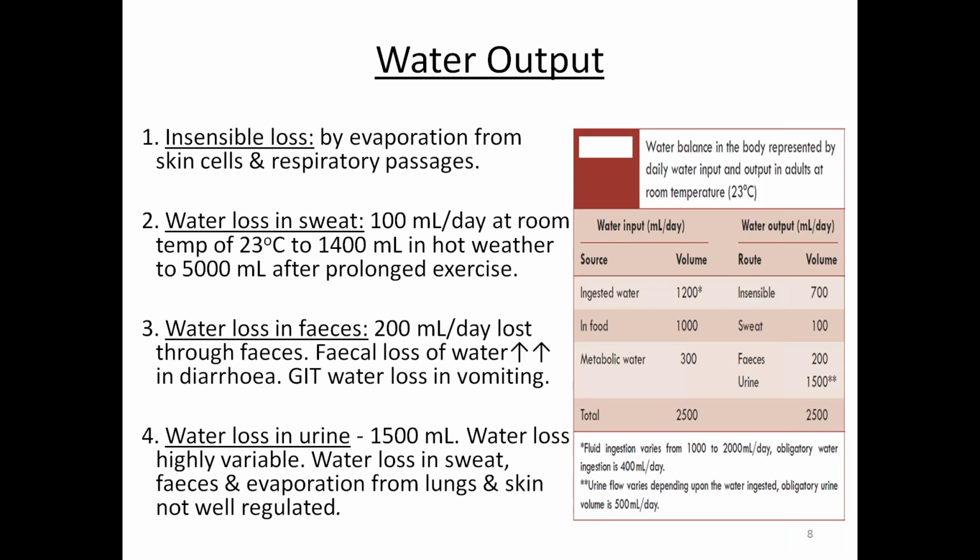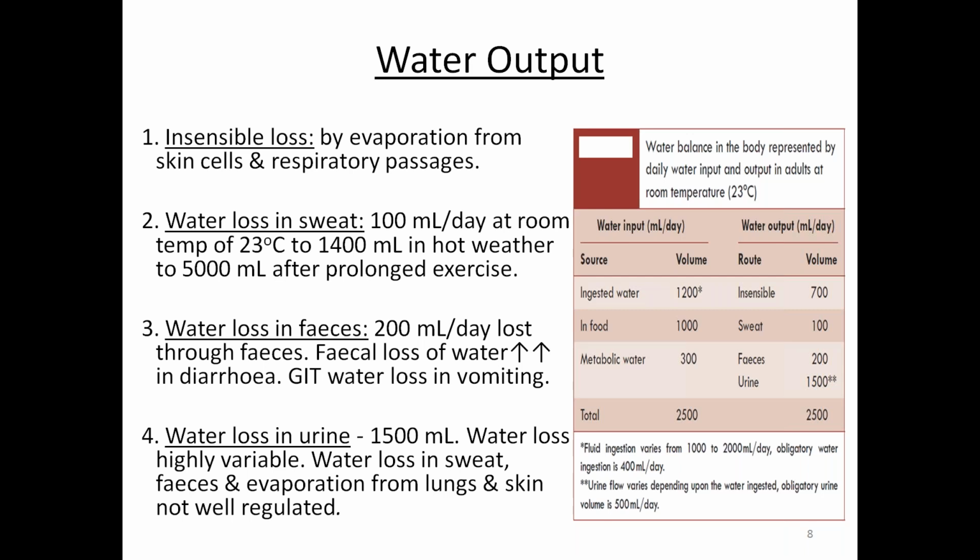Then there is loss in feces also, which is around 200 ml per day in a healthy individual, and most of the water that enters the GIT is reabsorbed by the intestines. Fecal loss of water is tremendously increased in diarrhea, and GIT water loss can also occur in case of vomiting.